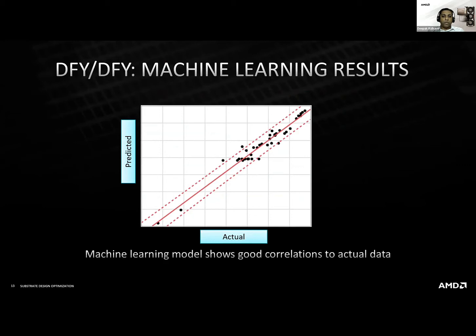What I'm showing here on the plot is the predicted versus actual values for yield and cost metrics that we've been monitoring. And you can see that we get very good correlations between the actual data versus our predictions from this machine learning model.